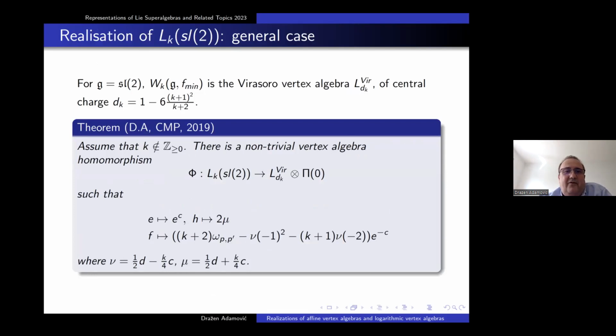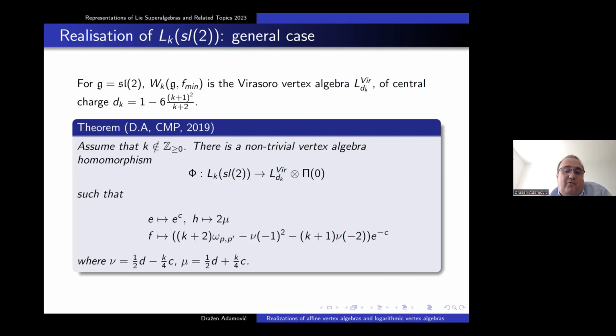So we take this SL2. This is affine SL2, and then this minimal reduction is just the Virasoro vertex algebra, as explained by Jinwei. And this is a funny formula for this Virasoro. The central charge is 1 minus 6 (k+1) squared over k plus 2. So this is the formula, and it works for each k, not critical.